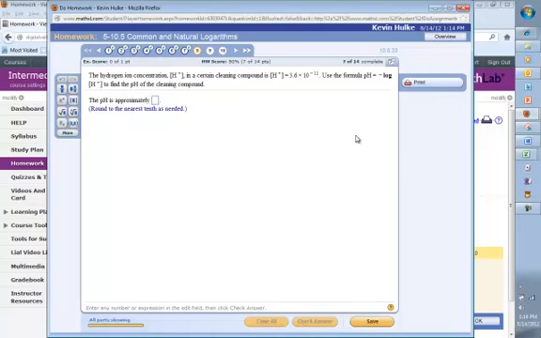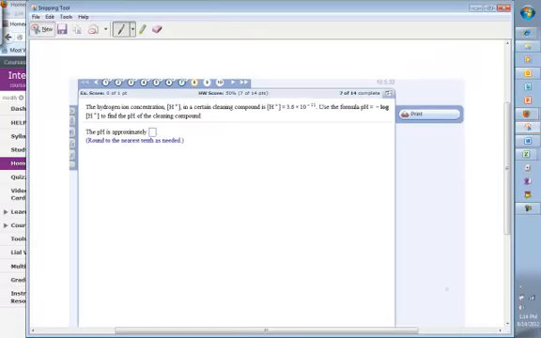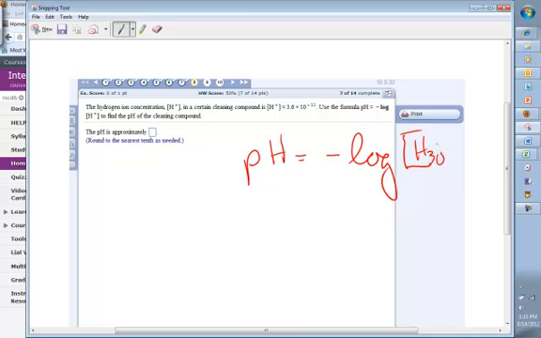All right, now we've got an application that has to do with the hydronium ion concentration in science. The thing that you have to know about this is that pH equals negative log of the hydronium ion concentration, H3O positive, or in this case, H positive. It's the same thing. So if the hydronium ion concentration is 3.6 times 10 to the negative 11th, we should take the log of that.